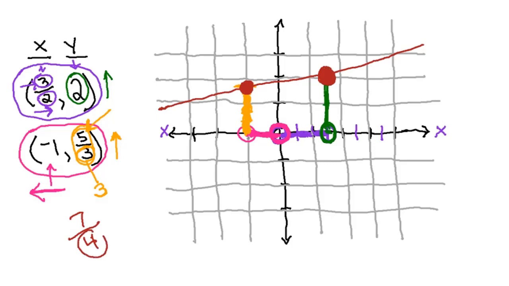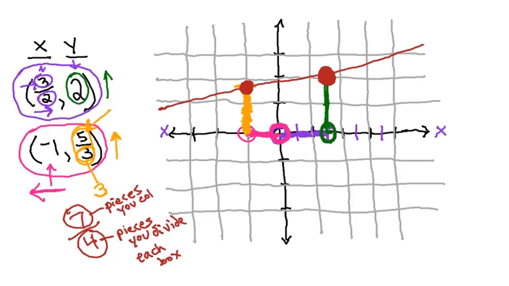Whatever the fraction is, you take that bottom number, and that's how many pieces you divide each box into. And then whatever the top number is, that's how many pieces you color in. And that's it.